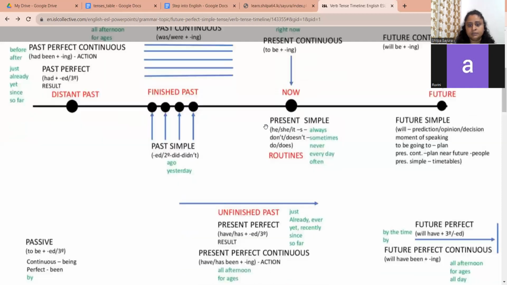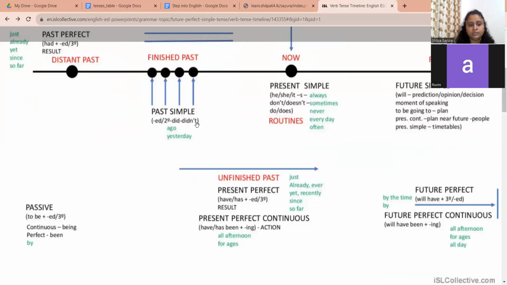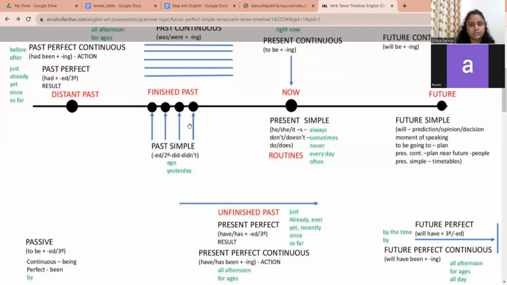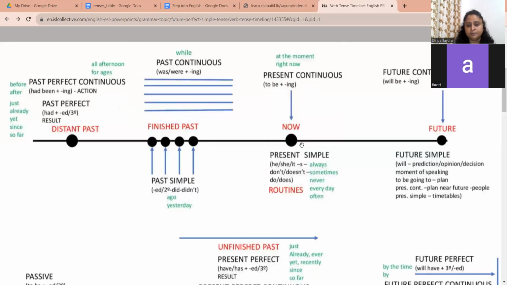And yes, for all the tenses, you will notice all the tenses here. So when you take simple present tense, you see present continuous tense is there. And when you take simple past tense, you see past continuous tense there. And when you see perfect tense, you see past perfect tense and past perfect continuous also.